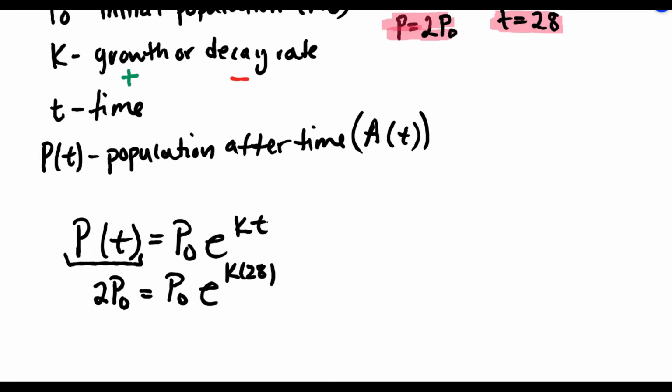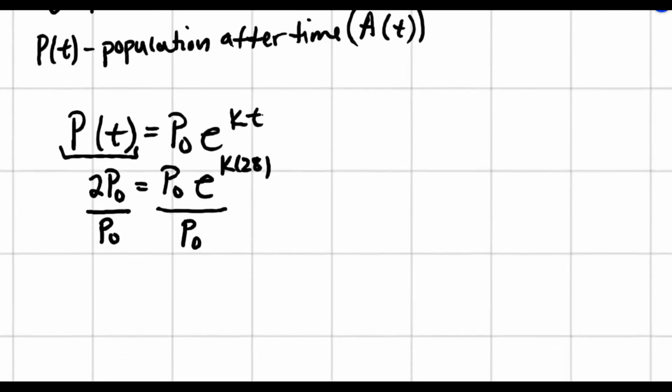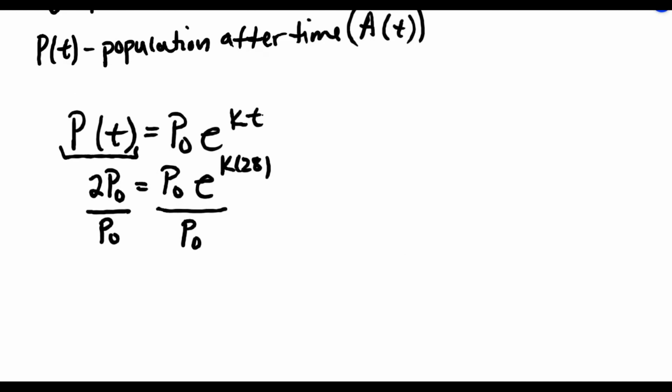That was 28 months. The population doubled in size in 28 months. Then I can start solving by dividing both sides by P naught. And you can see that that P naught cancels out on both sides of the equation to give me 2 equals e to the 28k.